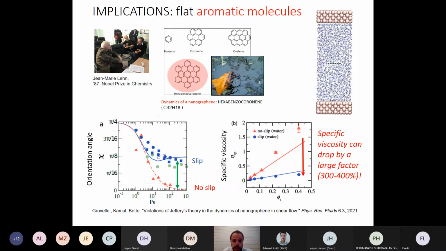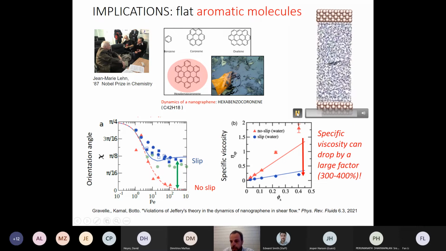In recent simulations, we have looked at hexabenzocoronene, which is essentially a molecule that looks very much like graphene. It's just much smaller, and it has hydrogen atoms lining the outer edge of the particle. We have carried out simulations of this molecule, and these are truly three-dimensional simulations.